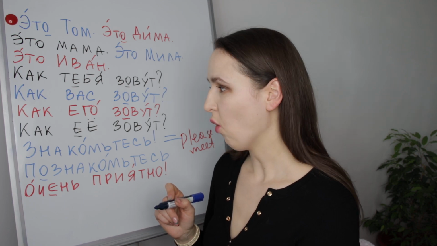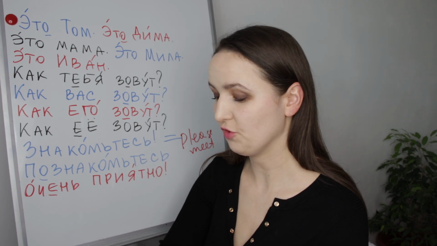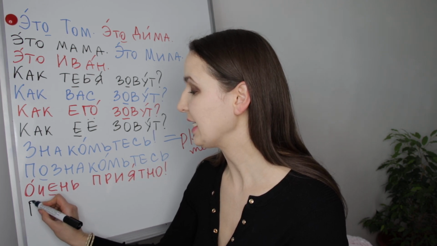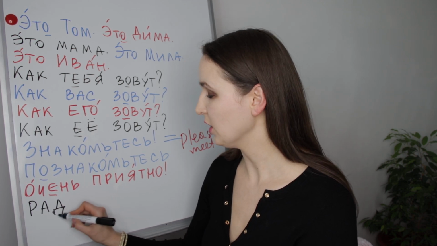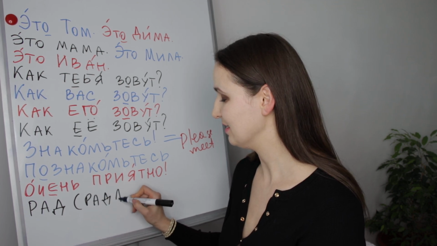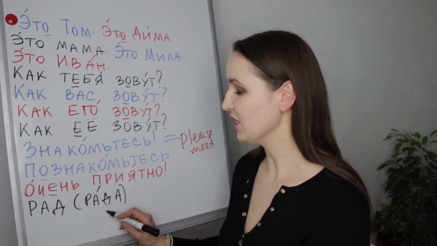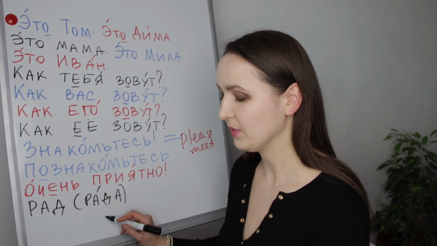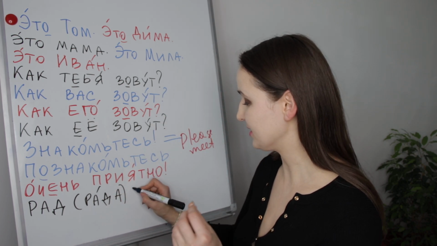Так, дальше. Рад or рада познакомиться. If you are a man, you will say рад. If you are a woman, you will say this word in the brackets here. Рада. Рад, if you are a man. If you are a woman, рада. Рад or рада познакомиться.